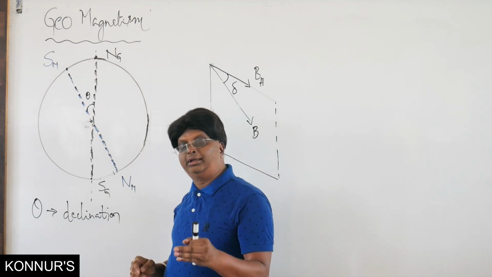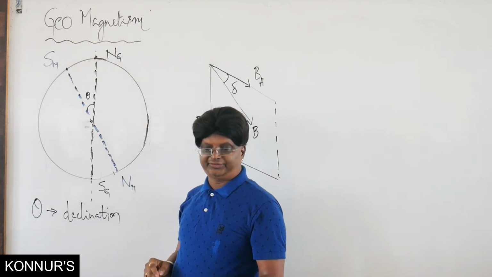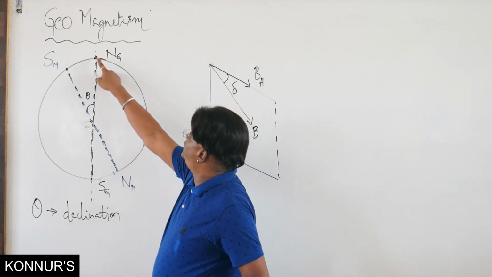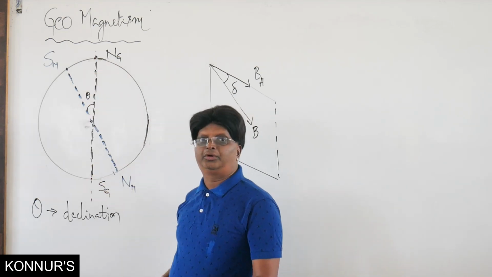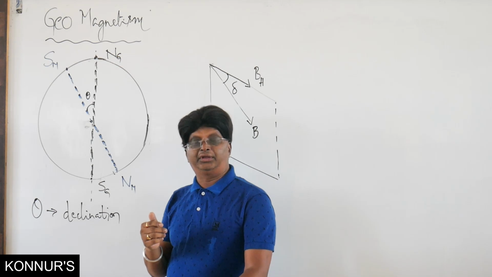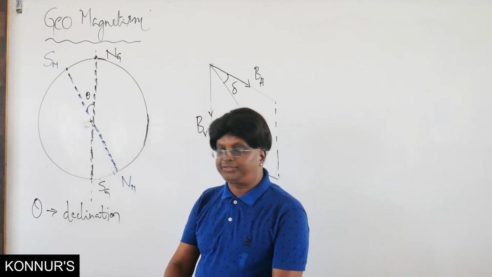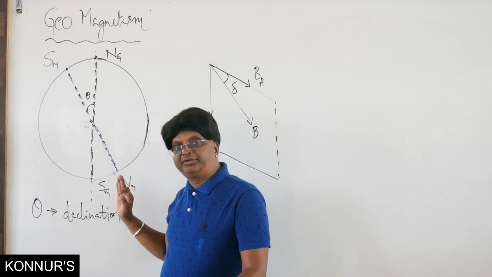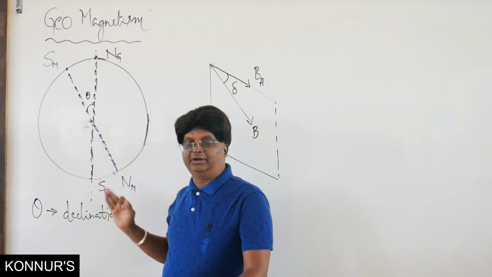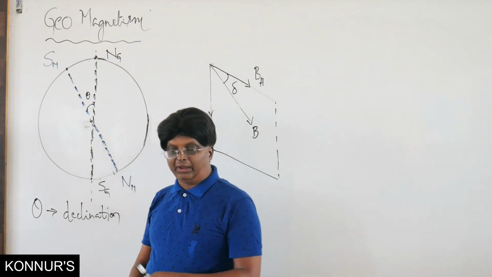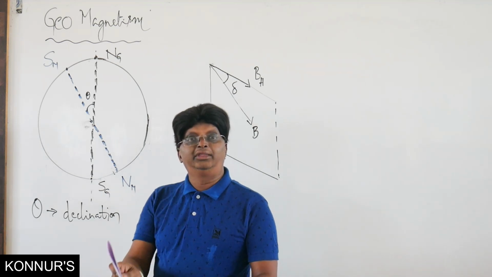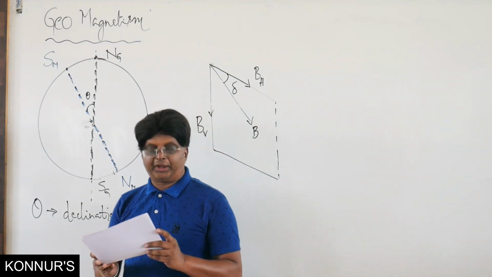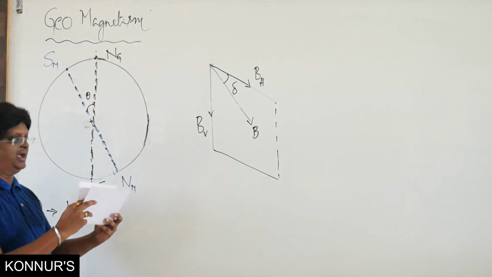Therefore, now we are drawing two vertical planes. One, this MGSG, what we call the geographic meridian of Earth, and another one is NM. This is the magnetic meridian of the Earth. So these are the two meridians that we have shown in the vertical plane. To tell you the same, this is how you will imagine.